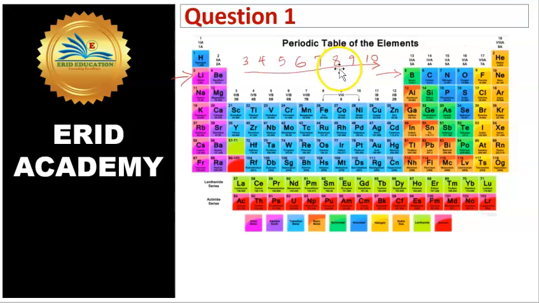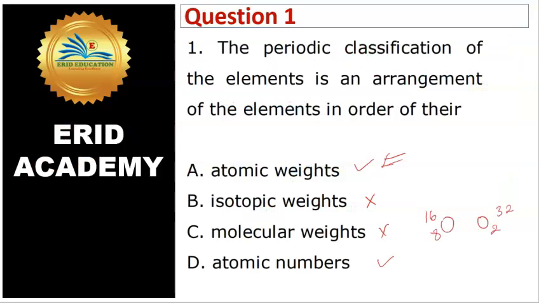It's just a general expectation. So the elements are arranged in the periodic table in order of increasing atomic number, and the correct answer here is D.